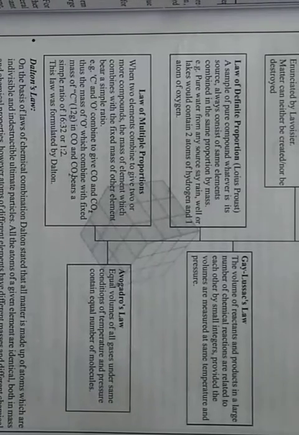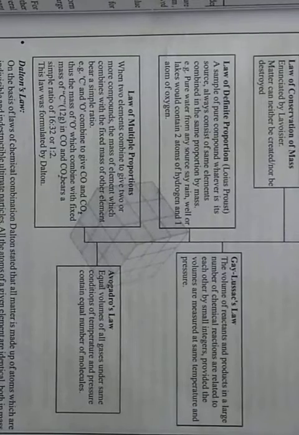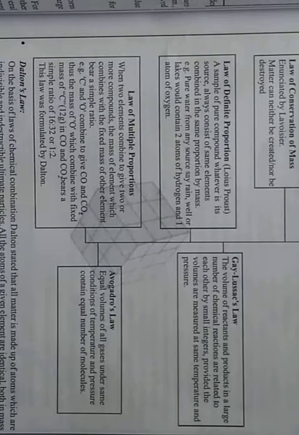For example, if we take water from any source, the ratio of oxygen and hydrogen by mass in water is always 8:1. It means no matter what the source of the substance is, the composition remains constant.